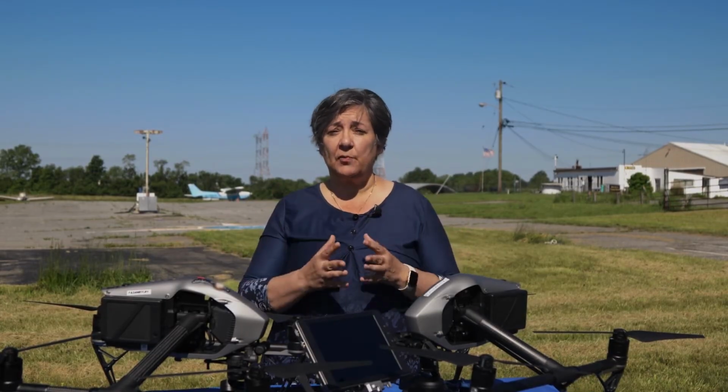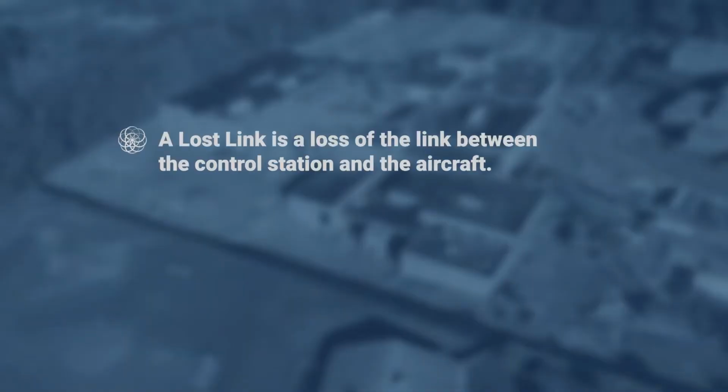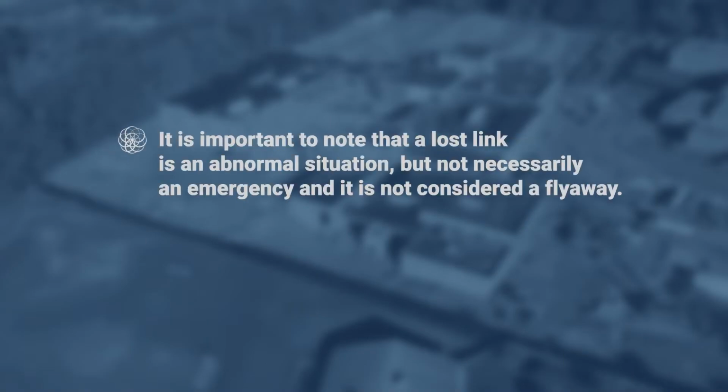Now, let's cover some situations that you should prepare for. A lost link is a loss of the link between the control station and the aircraft. It is important to note that a lost link is an abnormal situation, but not necessarily an emergency, and it is not considered a flyaway.